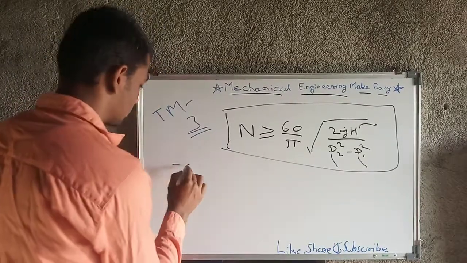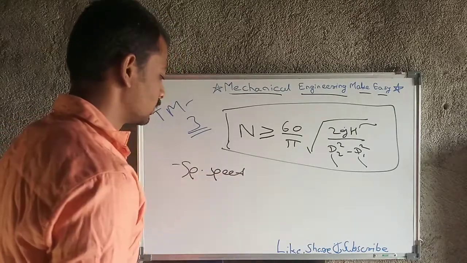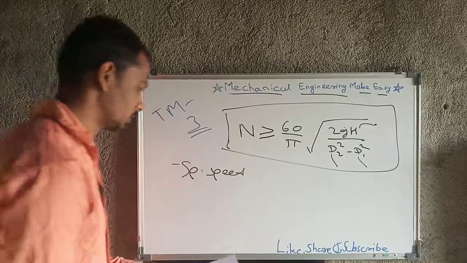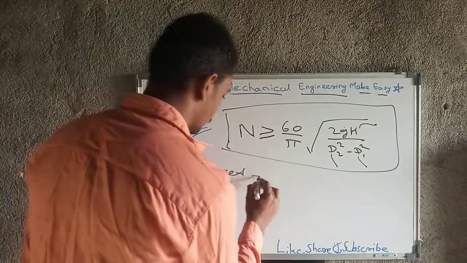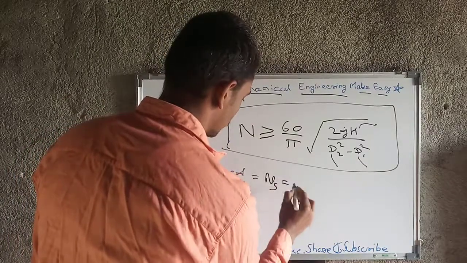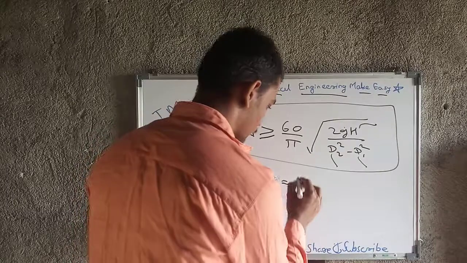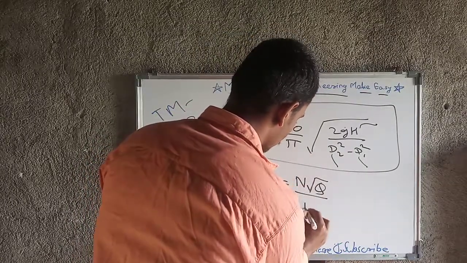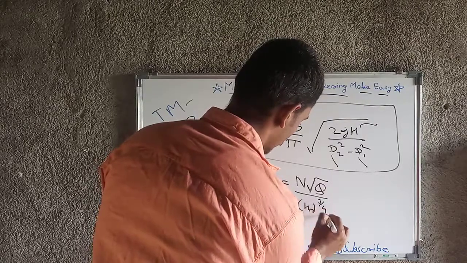Then we have one term, that is specific speed. In the case of the Francis turbine also we have seen a specific speed, and in the case of the centrifugal pump there is also a specific speed, but the formula is very different. That formula is N under root Q upon Hm raised to 3 by 4.